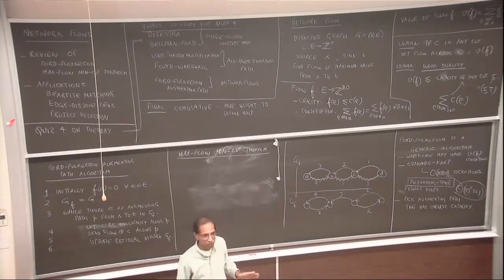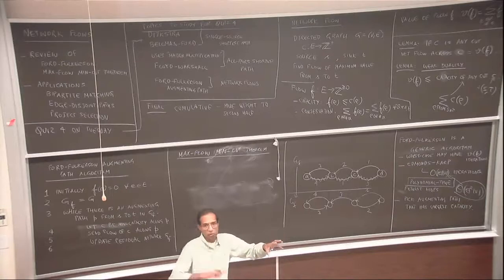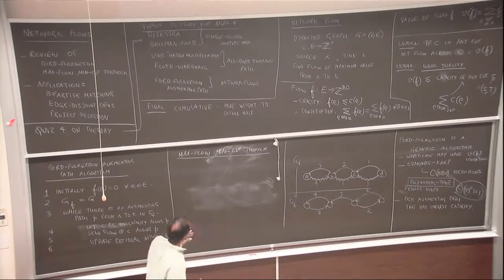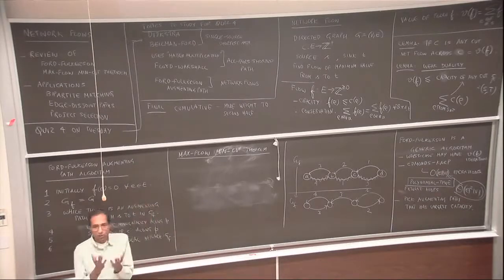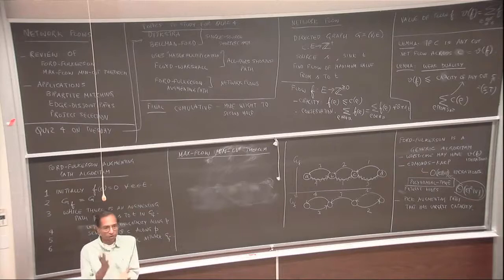That's what weak duality shows. The maximum you can send is at most the capacity of the minimum cut. The max-flow min-cut theorem actually says that in fact these two are equal. You can always send as much as what the bottleneck allows you to do.